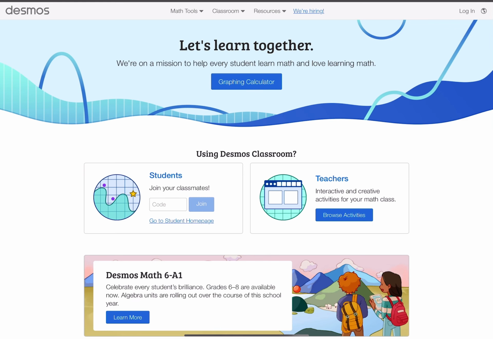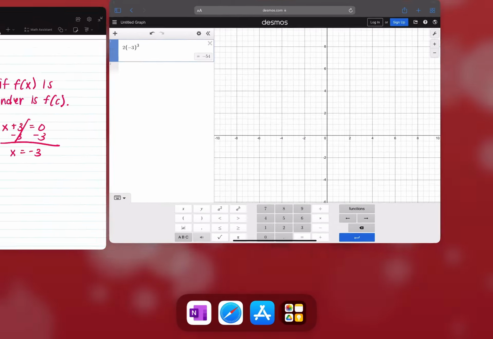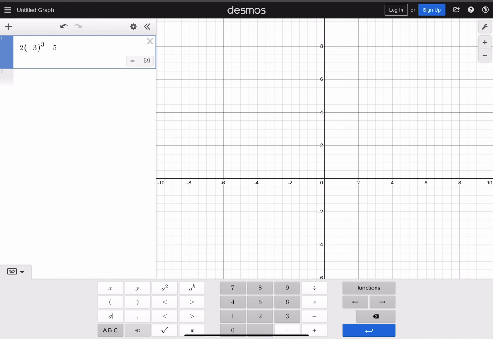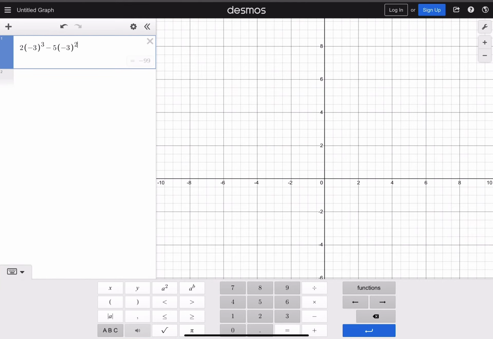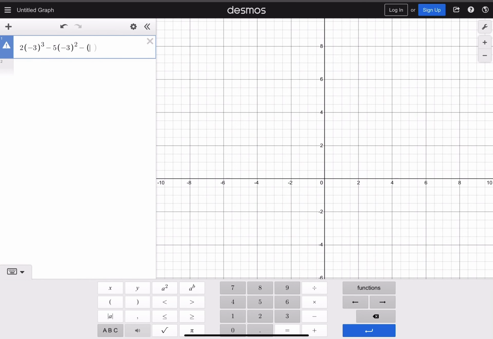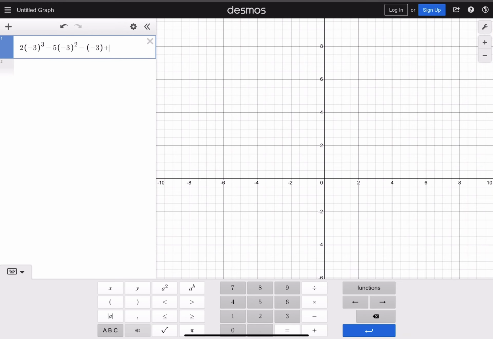So it is 2 times parentheses negative 3, raised to the exponent of 3, minus 5 times parentheses negative 3, squared, minus parentheses negative 3, plus 3.